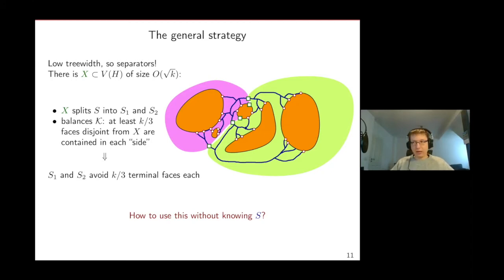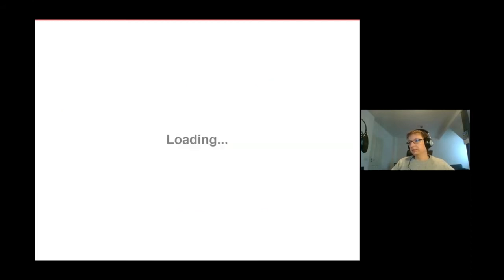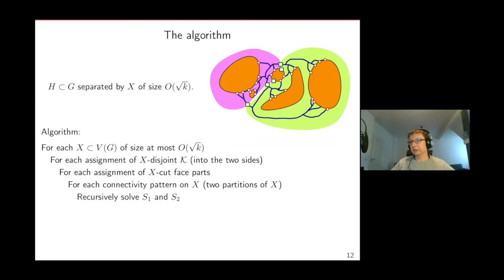So we somehow have to map this capital X into the original graph. And the way to do that is here. I will try to guess a lot of things. So first of all, I will start by guessing what the set capital X is. Now I don't have access to H, so I will just guess an arbitrary vertex set from G of size at most order square root k.